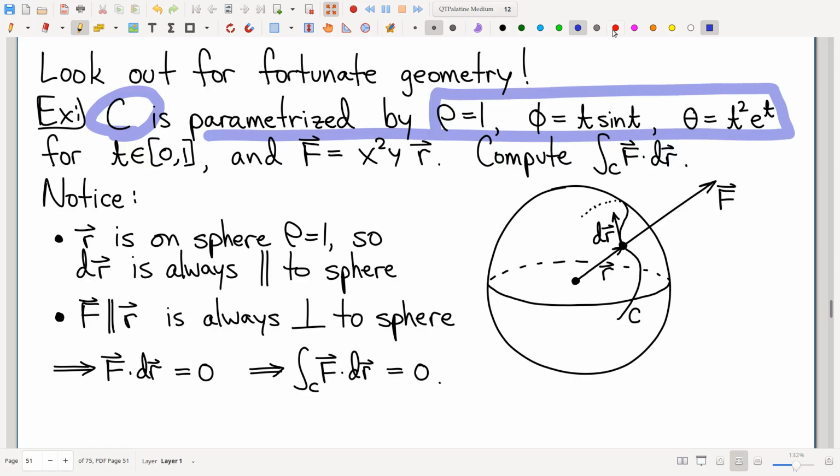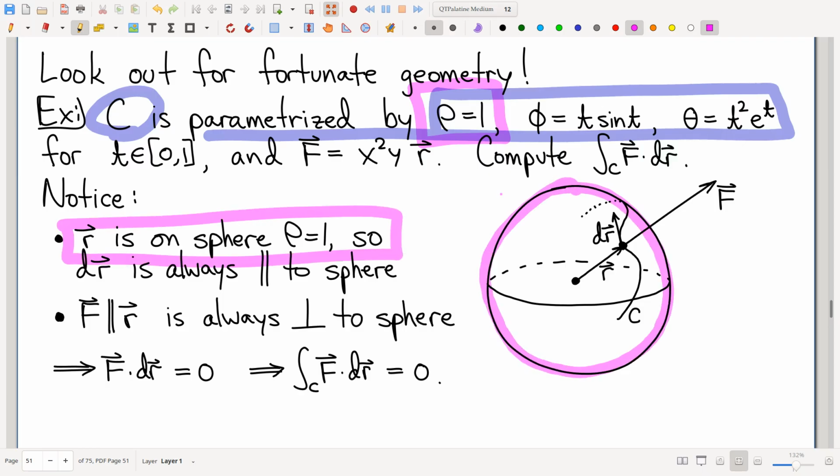Okay, but except for one thing, and you'll notice quickly, the entire curve satisfies rho equals 1, which means the entire curve is on the unit sphere. And so however weird that curve may be, it is entirely on the surface, what you might call the surface of the earth there, if you're just looking for a metaphor. We're moving along the surface of that sphere.